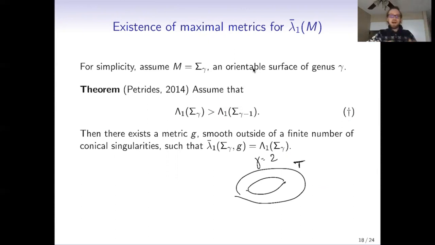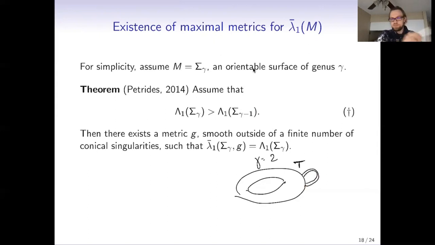What I can do is take a tiny handle and attach it to it. It turns out it is some work, but not necessarily too much work, to show that you can do it in a way that the area converges.